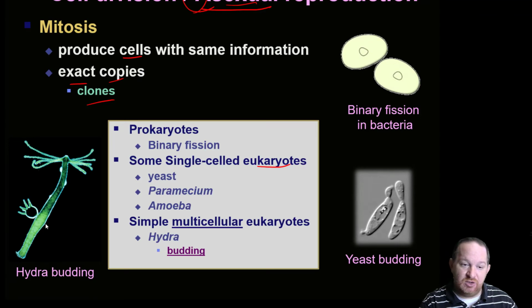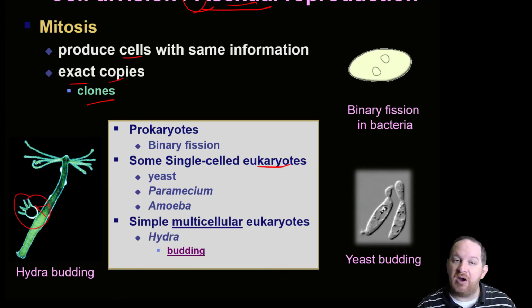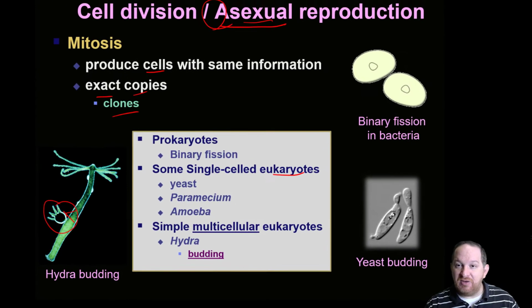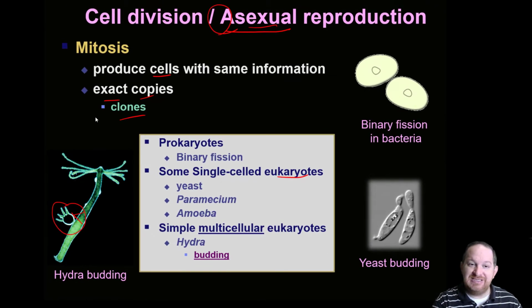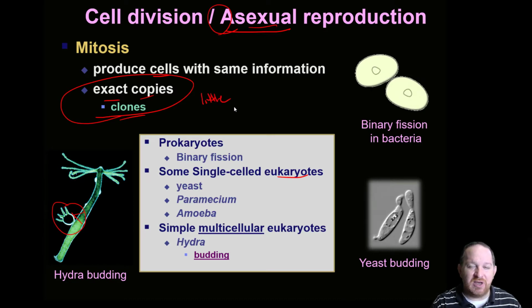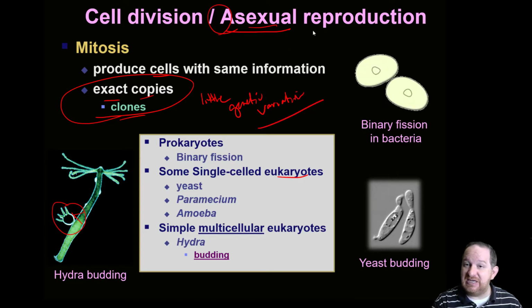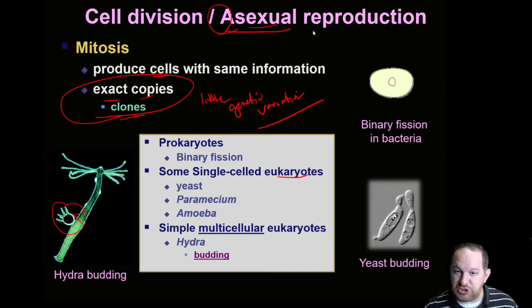As you can see here, you can see the new baby hydra budding off from the parent. Now, the thing about asexual reproduction is that we're basically making exact clones, right? So there's little genetic variation, if at all. So it's easy to reproduce asexually, but it doesn't give us as much genetic variation.